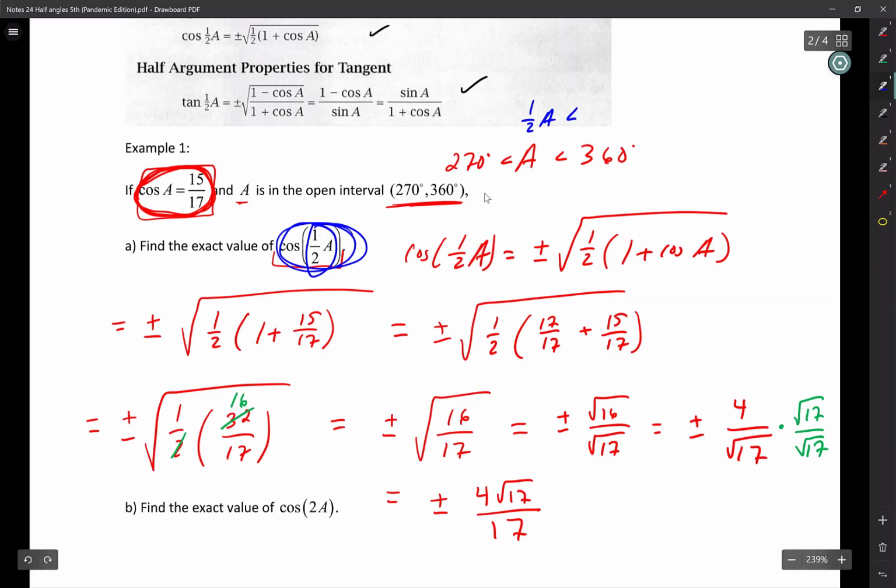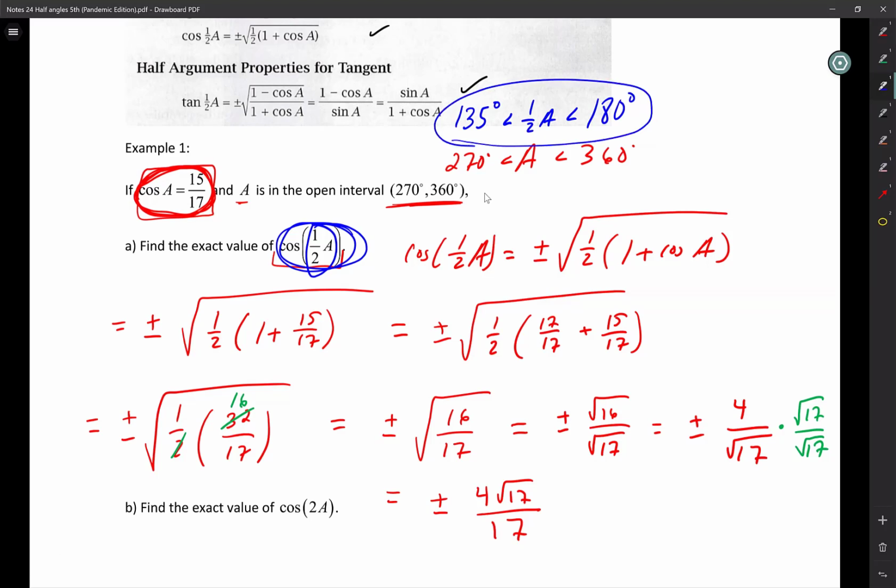So you just take, Travis, how do you do that? You just take half of that. What's half of 360? 180. What's half of 270? Oh, I don't know, Travis. I got to think about that one. It's 135, guys. So there it is. So half of A is between 135 and 180. What quadrant is that in?